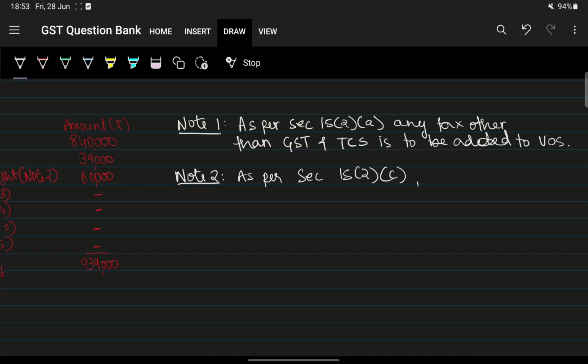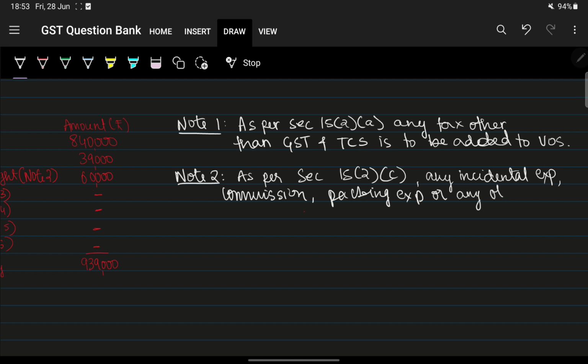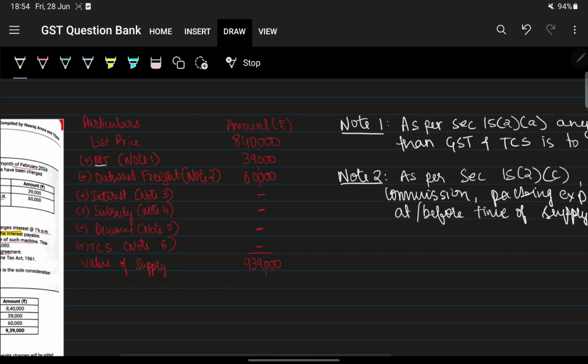Any incidental expenses, any commission that is paid, and packing expenses, or any other expenses that is borne by the supplier, at or before the time of supply, is to be added, or rather you can put it is to be included in value of supply. Next, note 2 is done.